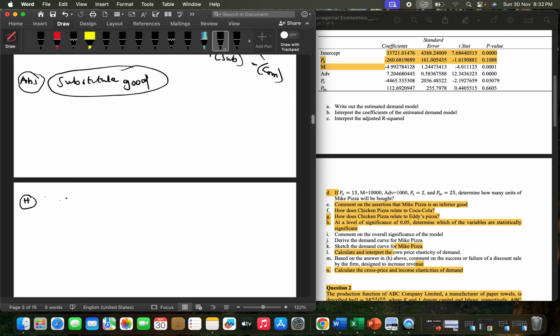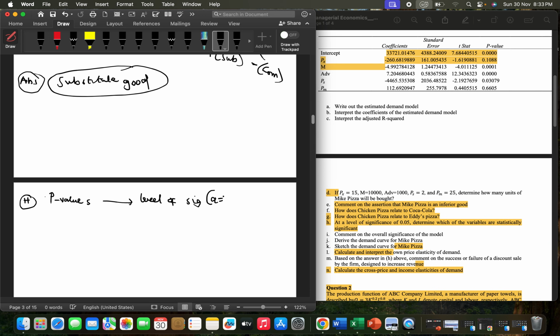Okay, so let me start. The H question. So we have been asked to find the statistical significance of the variables. So we are going to compare p-values against the level of significance, which is alpha.